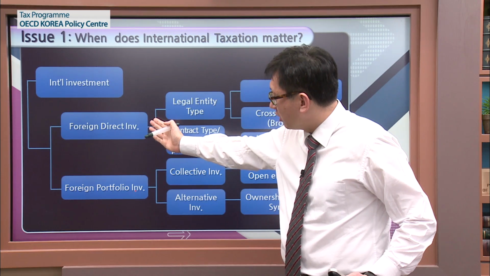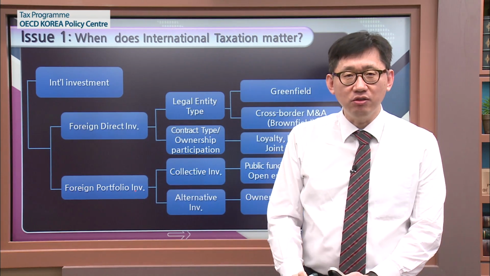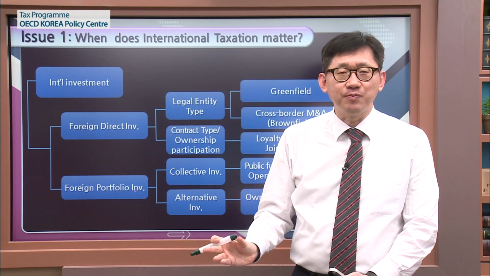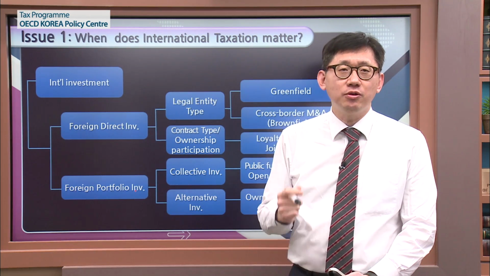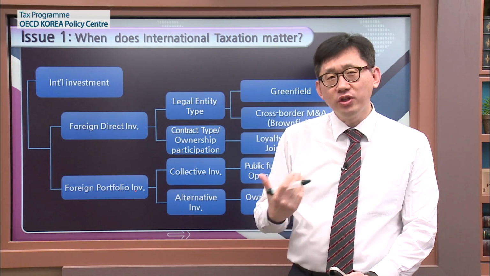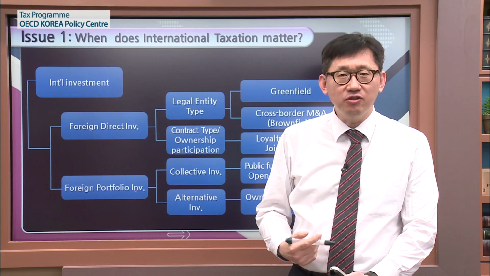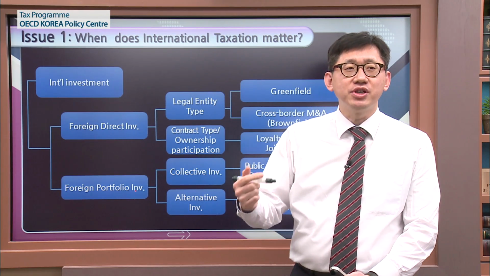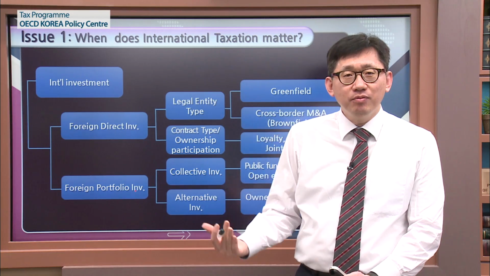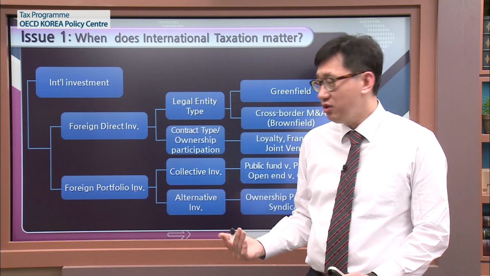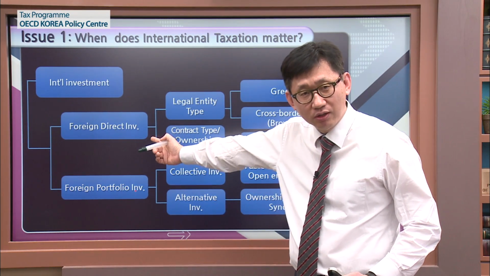Foreign direct investment and foreign portfolio investment, the difference lies here. Capital owners or investors have full controllability over their own capital. They make decisions by themselves and purchase goods, buildings, or factories by their own decision. That is foreign direct investment.